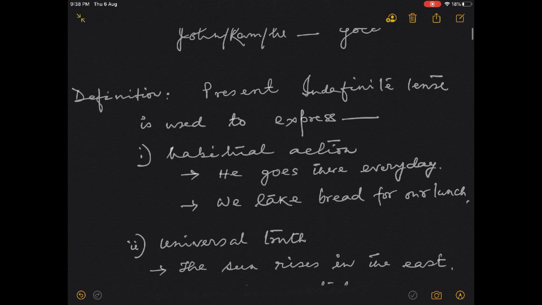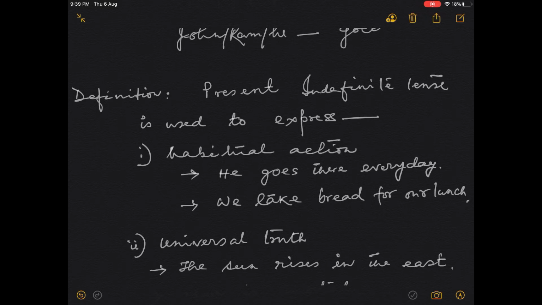A present indefinite tense is used to express, number one, habitual action. You know what a habitual action is? The action which is done by someone due to his habit. This is a habitual action.